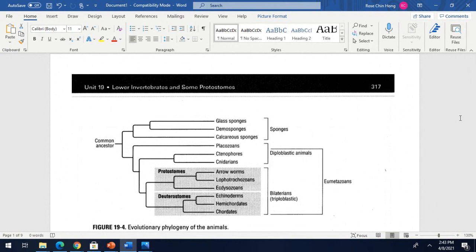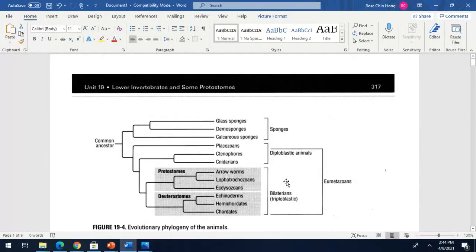We'll cover the diploblastic animals today, which means 2 germ layers, the ectoderm and endoderm. In the triploblastic, which are bilaterians, which means they have bilateral symmetry, they have all 3 germ layers: the ectoderm, mesoderm, and the endoderm.